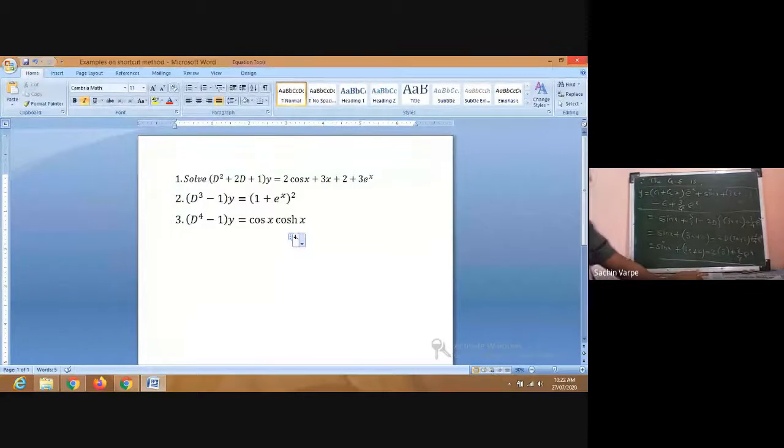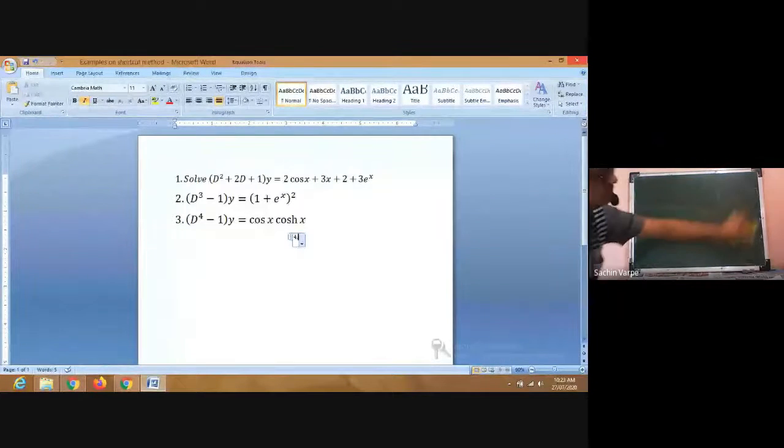The next question is (D cube minus 1) y is equal to (1 plus e raised to x) the whole square. So solve it fast. Tell me the answer. What are the roots here?